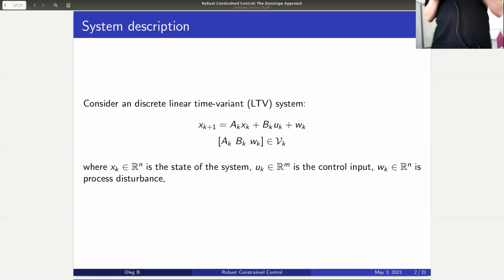Another example is in the self-driving car area. Who is interested in the self-driving car area? Yes, some people. When you should design some reactive motion of your car, but you don't know how many people are inside and the weights of these people. The model of your car can be very precise, but you don't have a model of your passengers.